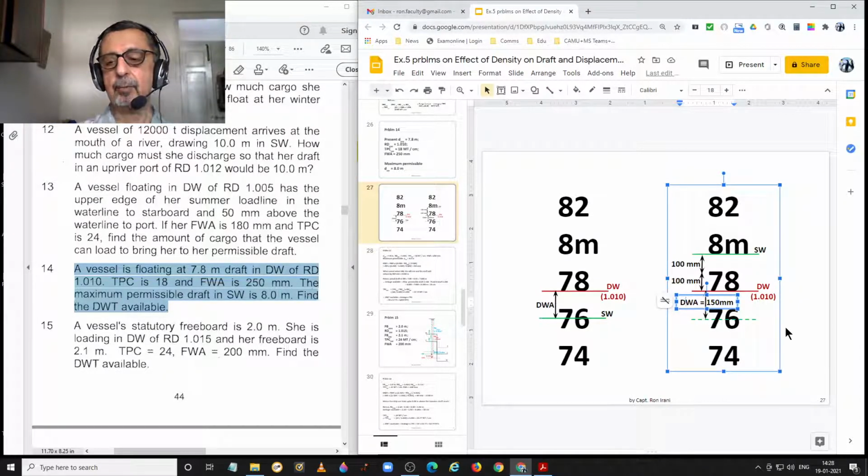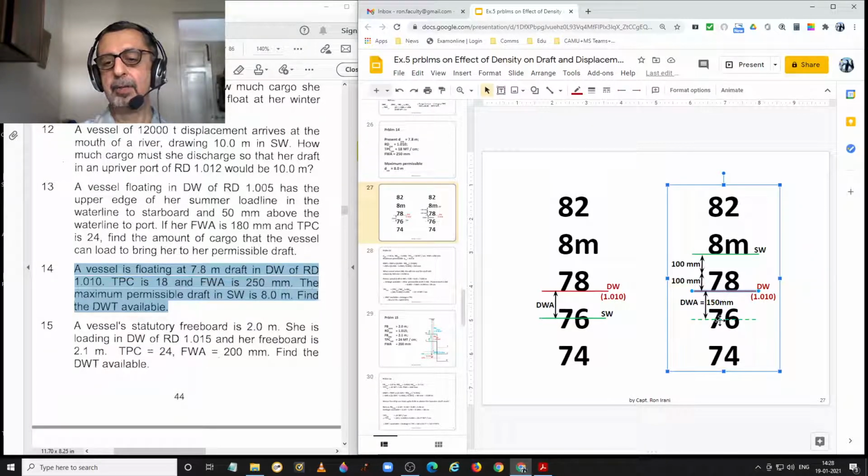Thus, if this ship was to do nothing, this draft at 7.8 meters will reduce by 150 millimeters, because from water of lesser relative density to salt water, which is water of greater relative density, the draft will reduce and it will settle at this line, the green dashed line, lower by 150 millimeters. That is at 7.65 meter draft.